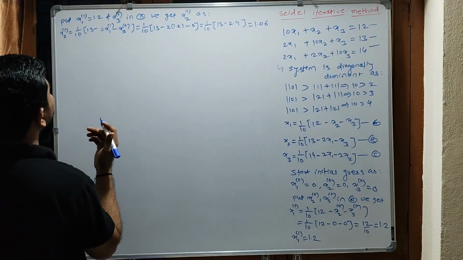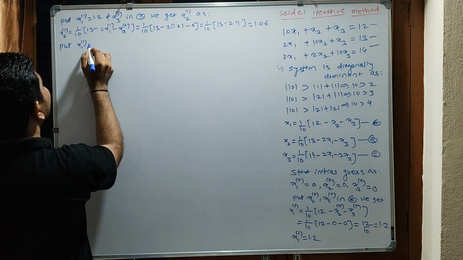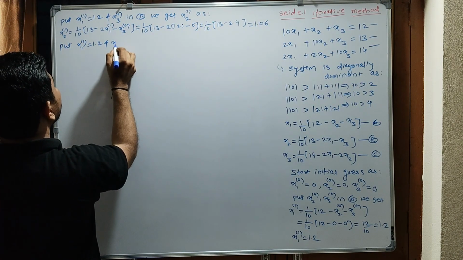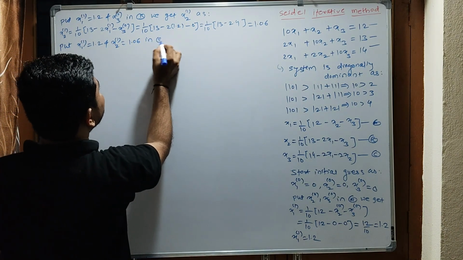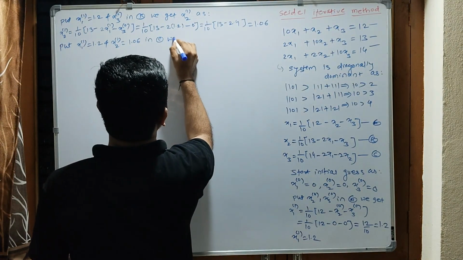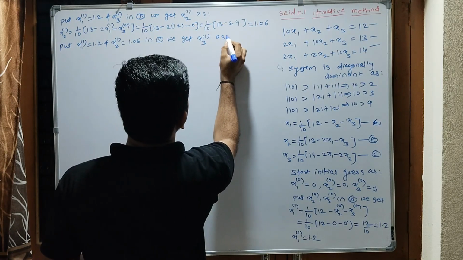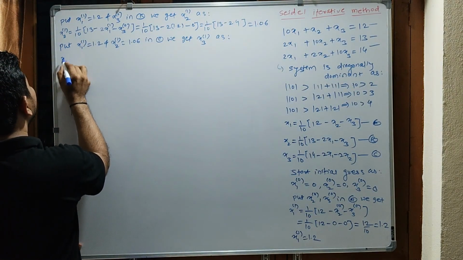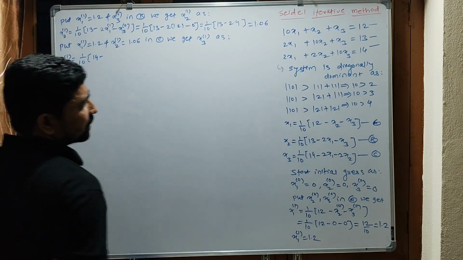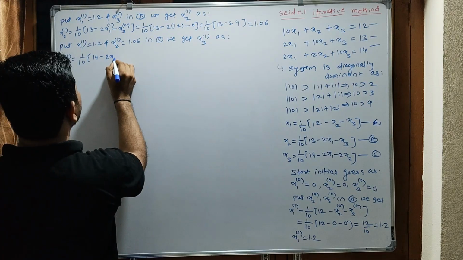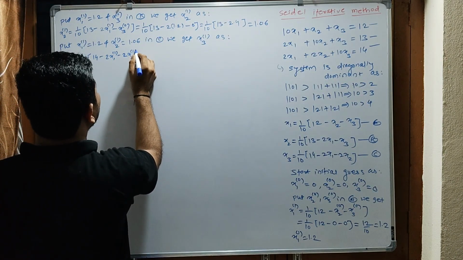Now I want to find x3 at 1. Put x1 at 1 which is equal to 1.2 and x2 at 1 which is equal to 1.06 in C. We get x3 at 1 as x3 at 1 which is equal to 1 by 10 times 14 minus 2 times x1 at 1 minus 2 times x2 at 1.